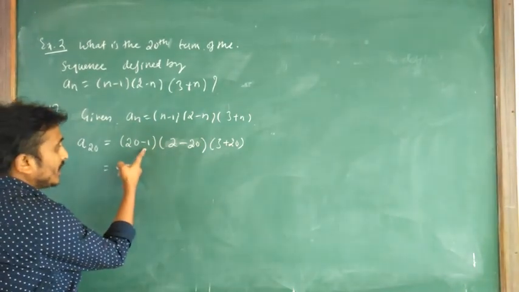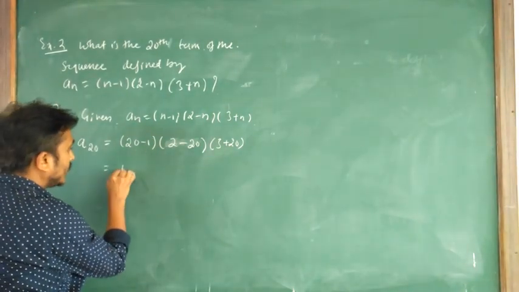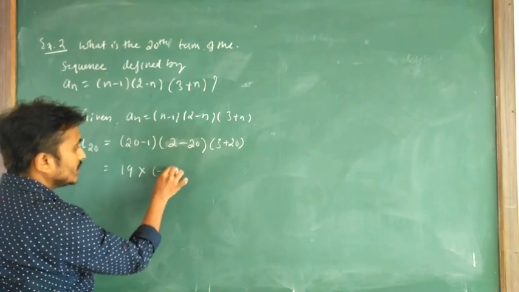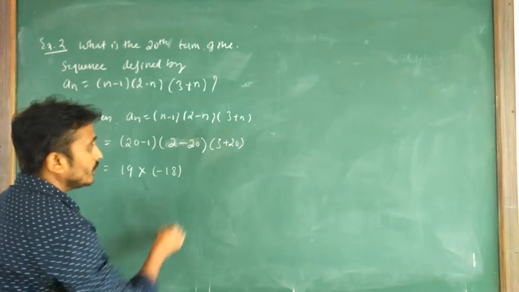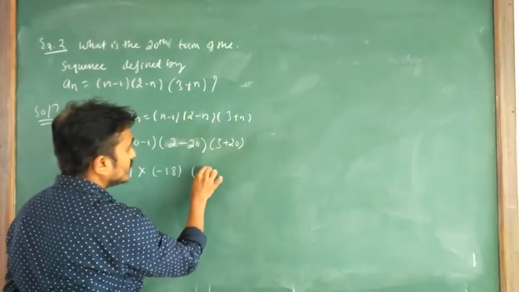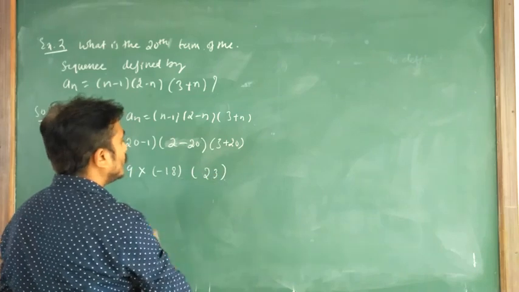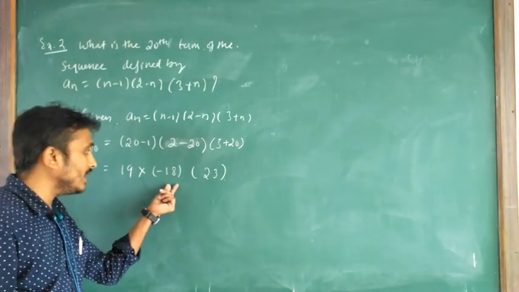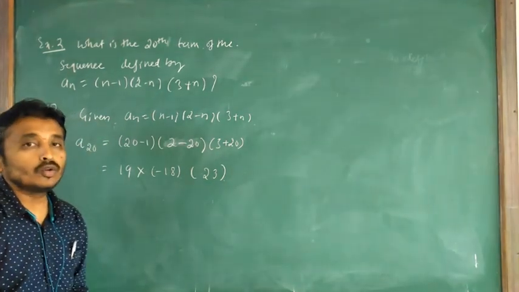Here 20 minus 1 is 19, 2 minus 20 is minus 18, and 3 plus 20 is 23. We have to multiply 19 into minus 18 into 23.